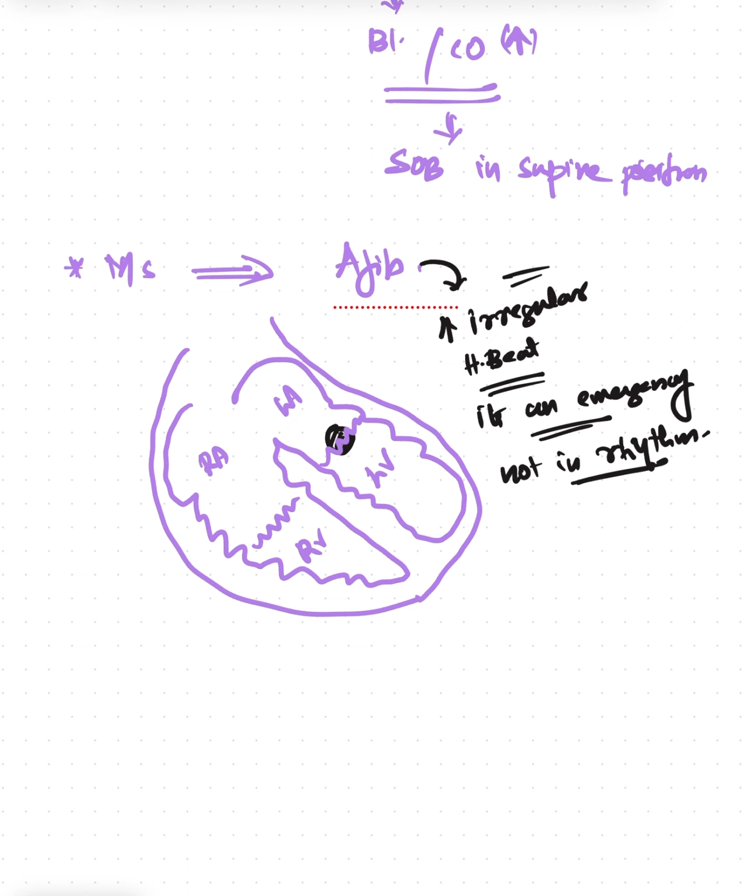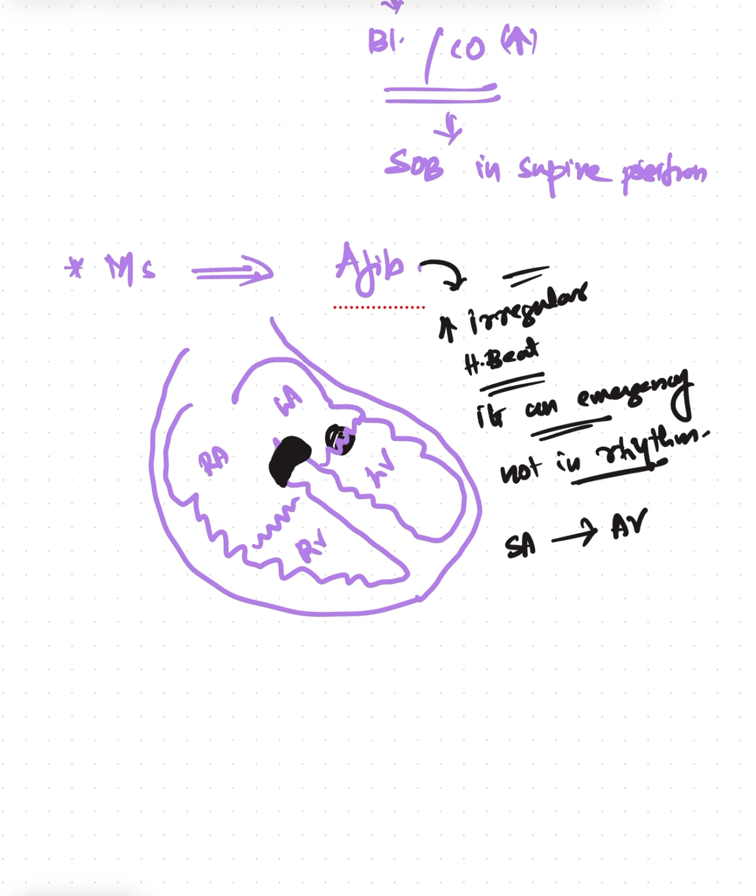So as we know, the conducting system of the heart starts from the SA node, then the AV node. The AV node is placed somewhere here in the septum. Okay, just imagine it is here in the septum.